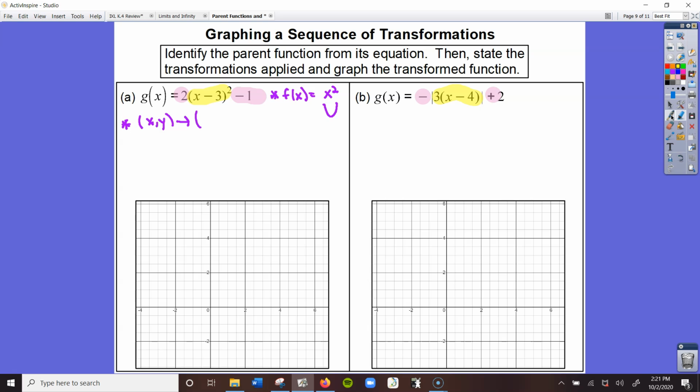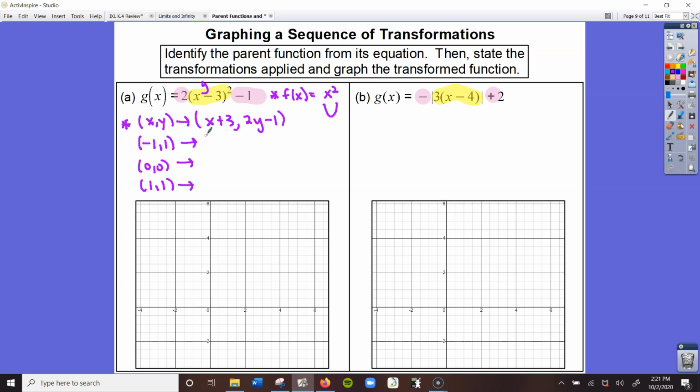So I just highlighted my functions already, so it's easy for me to see. Inside, which is the yellow, would be x plus 3. And everything on the outside would read 2y minus 1. The reference points for my quadratic are (-1, 1), (0, 0), and (1, 1).